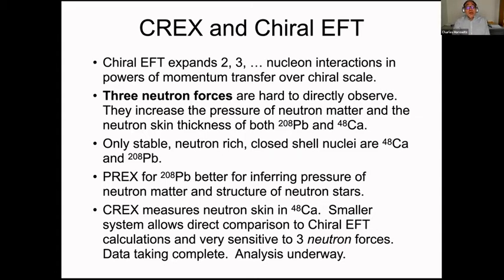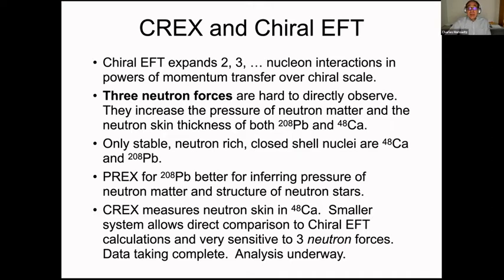There are important 3-neutron forces, which are hard to directly observe in few nucleon scattering. These 3-neutron forces increase the pressure of neutron matter significantly. They also increase the neutron skin thickness of both lead-208 and calcium-48. The only stable neutron-rich doubly closed shell nuclei in nature are calcium-48, with 28 neutrons and 20 protons, and lead-208.